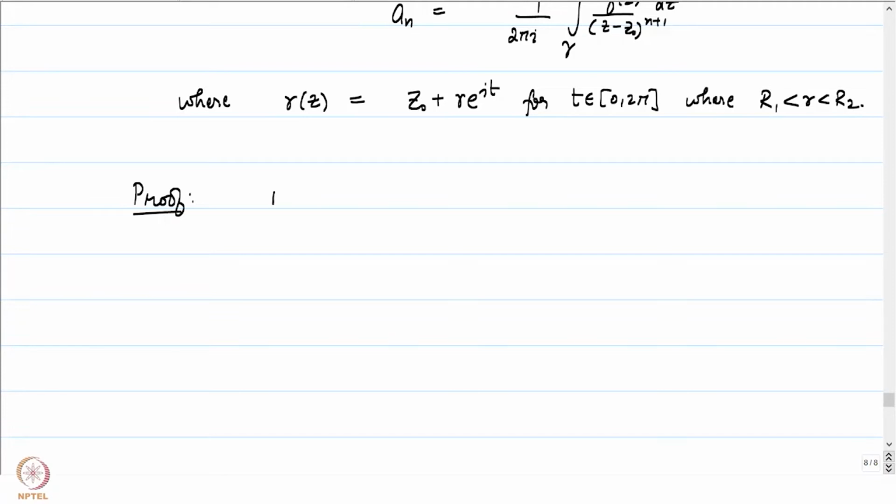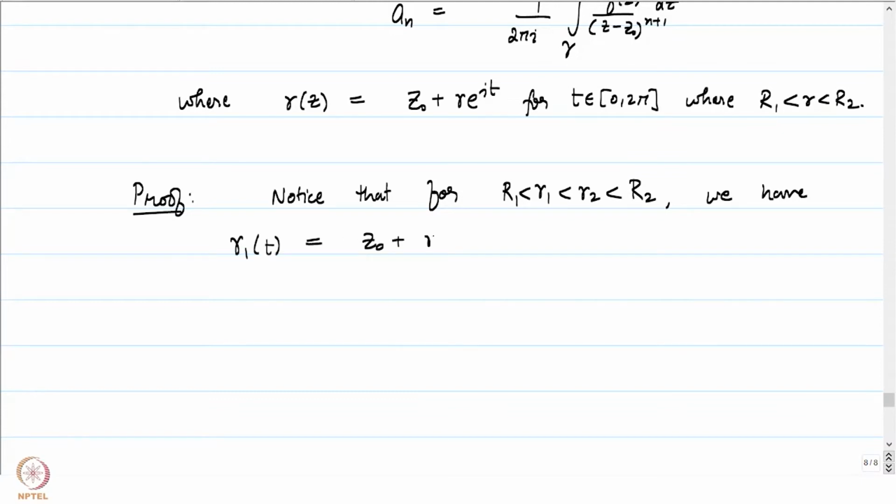Notice that for capital R1 less than small r1 less than small r2 less than capital R2, we have gamma 1 of t given by z0 plus r1 e to the power i t for t in 0 to 2 pi, and gamma 2 of t given by z0 plus r2 e to the power i t again for t in 0 to 2 pi.